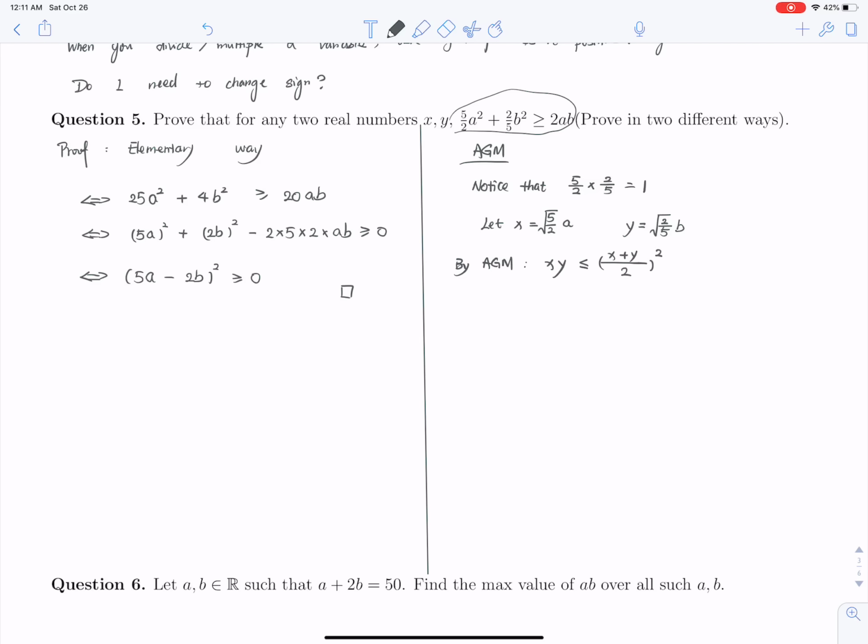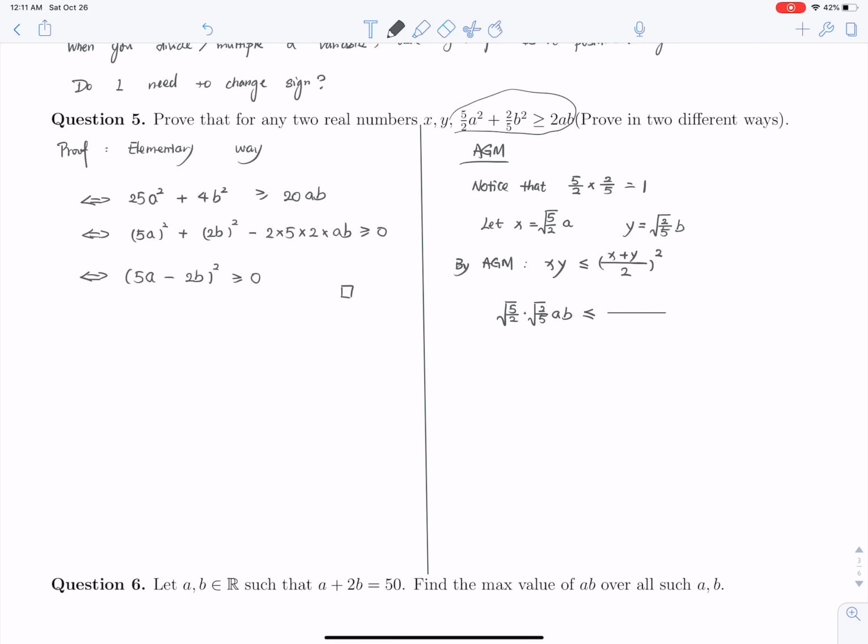If I sub it in, I'll get the square root of 5 over 2a times the square root of 2 over 5b, actually I'm gonna move it around, times ab, is smaller than or equal to, this whole thing squared would be x squared plus y squared.